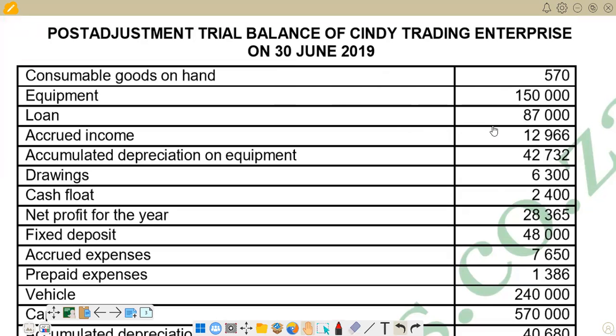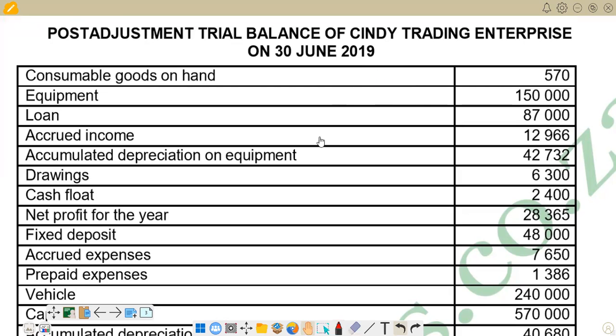But if these values were at the beginning of the year, we would have to make some adjustments for any additions and disposals, so that we get the closing balance of that non-current asset. But in this case, we can just start with the cost at the end, and then subtract the accumulated depreciation.